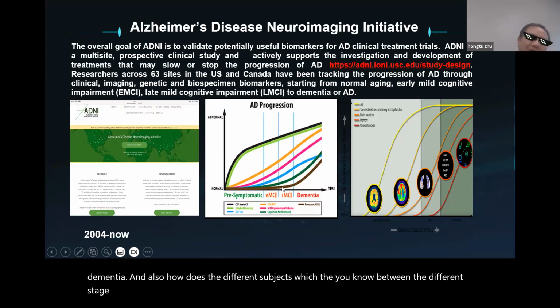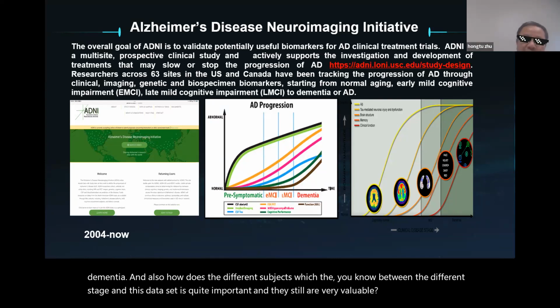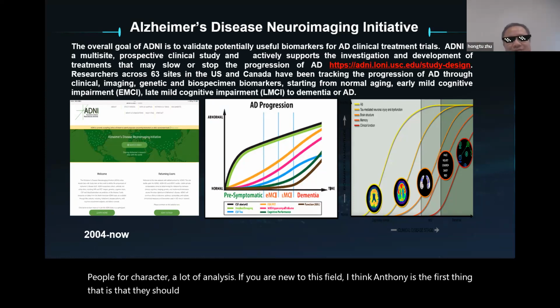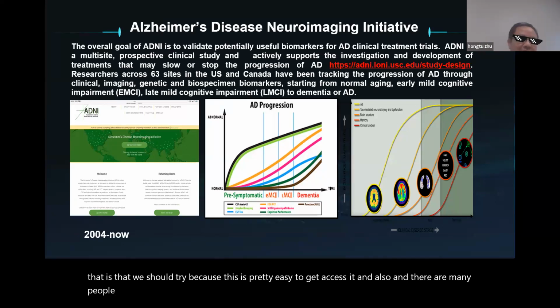And this data is quite important, and it's still very valuable for carrying out a lot of analysis. If you are new to this field, I think ADNI is the first data set that you should try, because it's pretty easy to get access to. And also, many people have already done a lot on this topic, but not many deep analyses have been done.